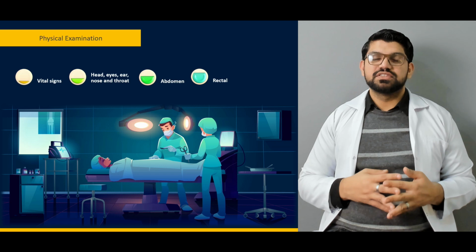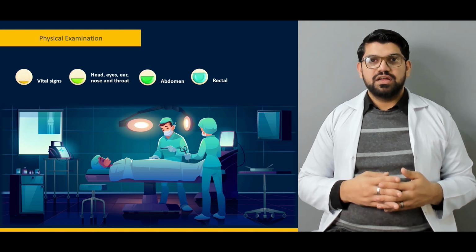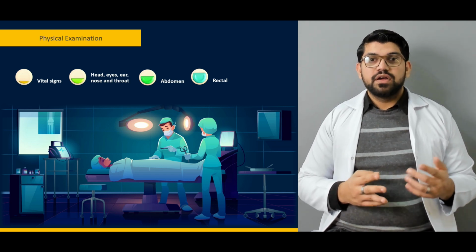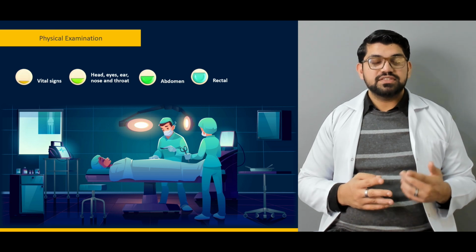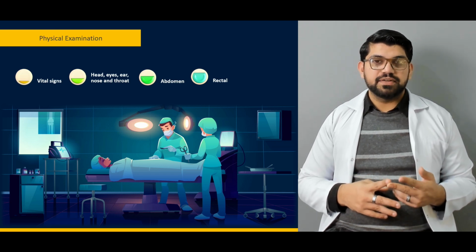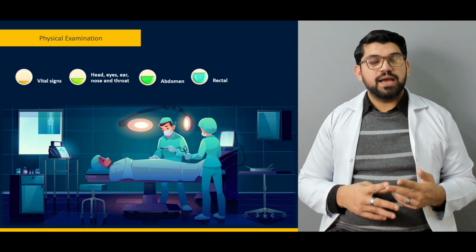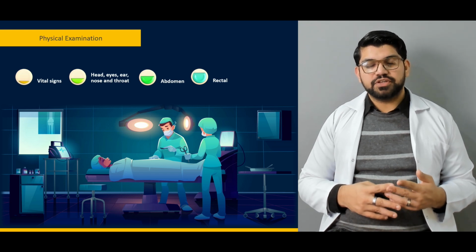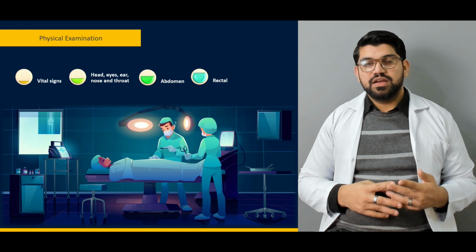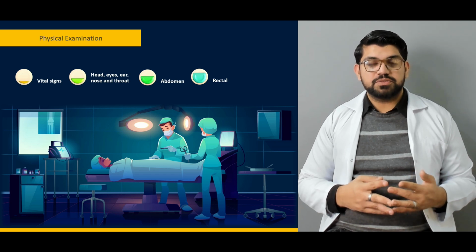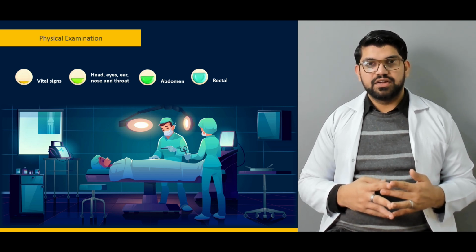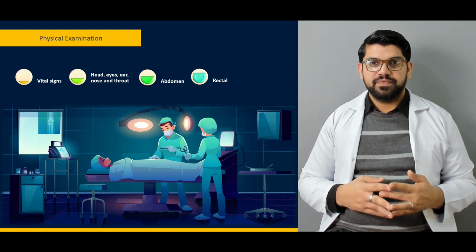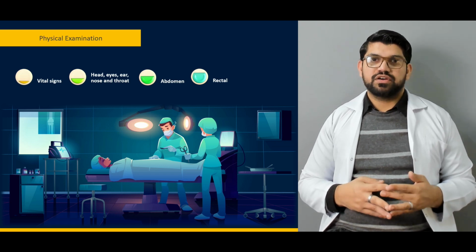Rectal examination, very, very important. What does rectal examination reveal? Any fresh blood or any melena. At times, when you receive a patient in an emergency department, this patient might not have signs of active bleed. But you have to look for it.